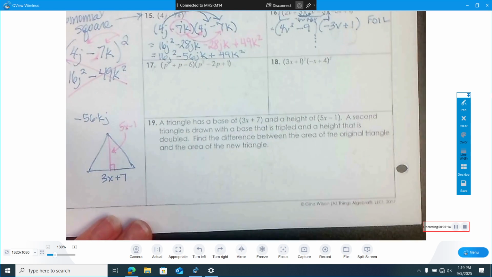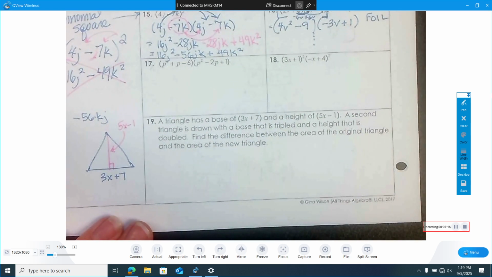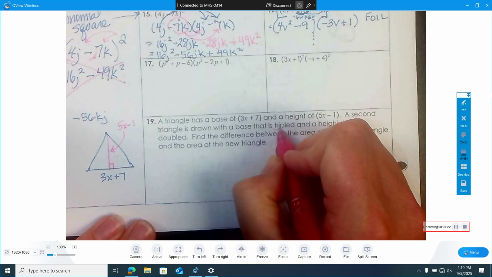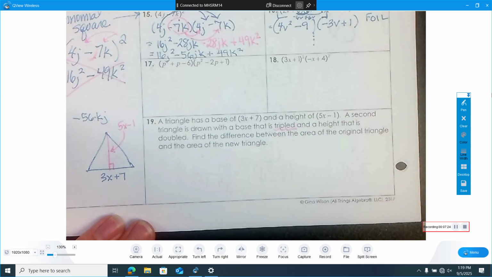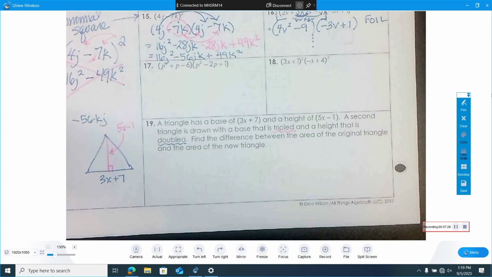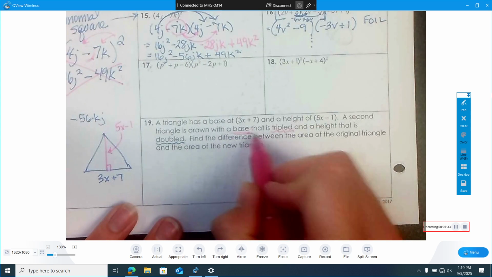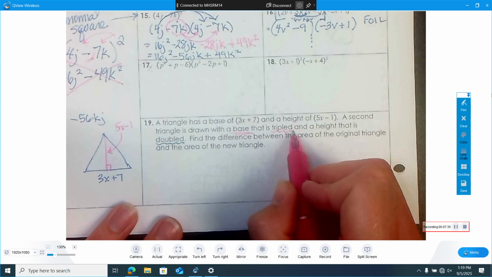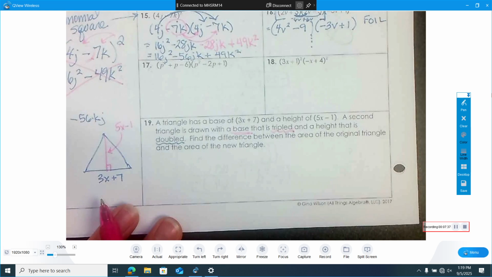A second triangle is drawn with a base that is tripled and a height that is doubled. If the base is tripled, what would that new base be?